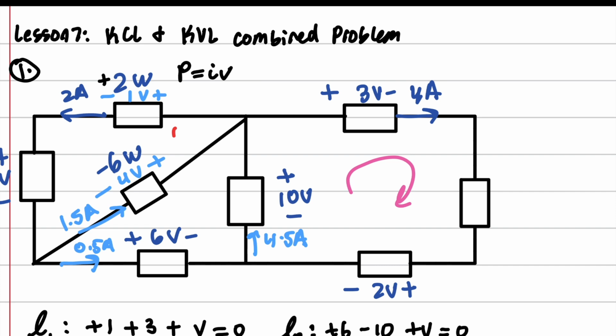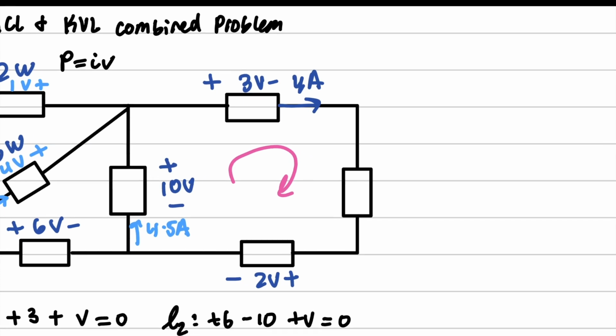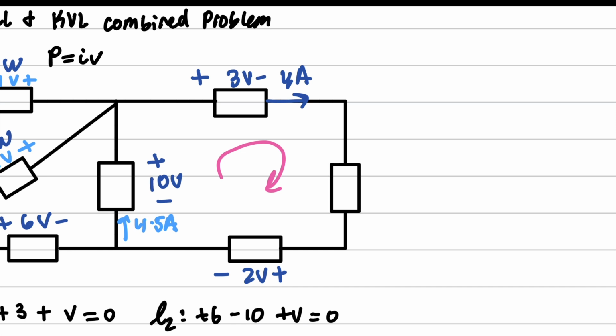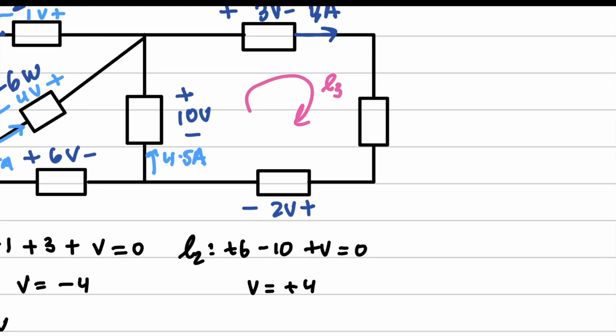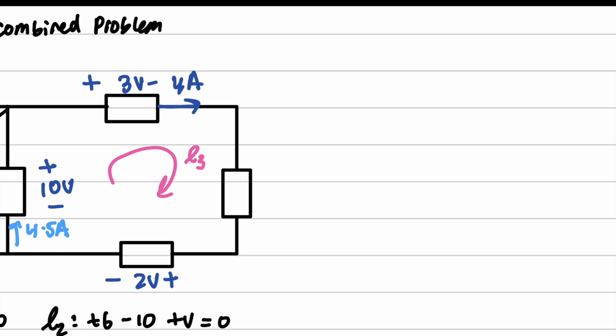And the final portion of this puzzle is the voltage of this guy right here. Okay, so I already drew a loop right here. We can call it loop 3. And in loop 3, we are just going to do a simple KVL.